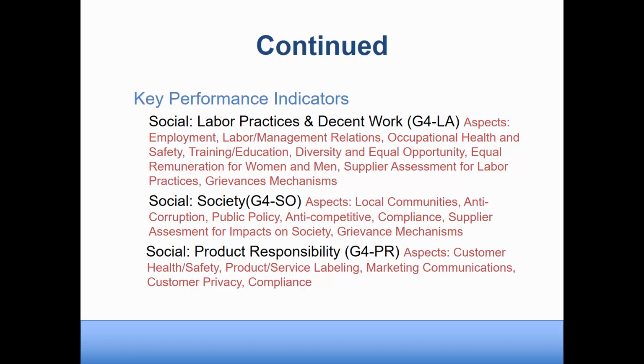Human rights. And then you can read off of here, labor relations. What's that next one called? Society and products. Right? Then under each of these are all those aspects. Multiple aspects. And then under each aspect are a series of indicators.